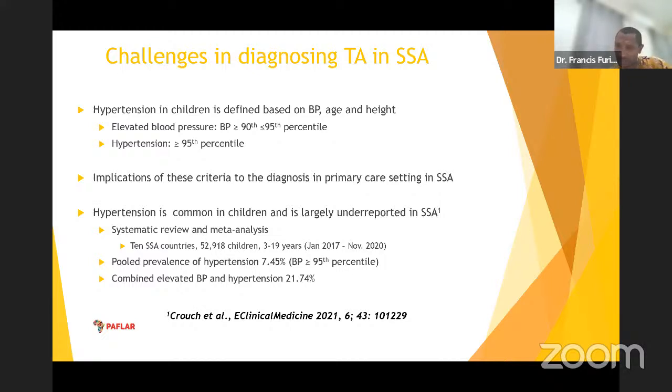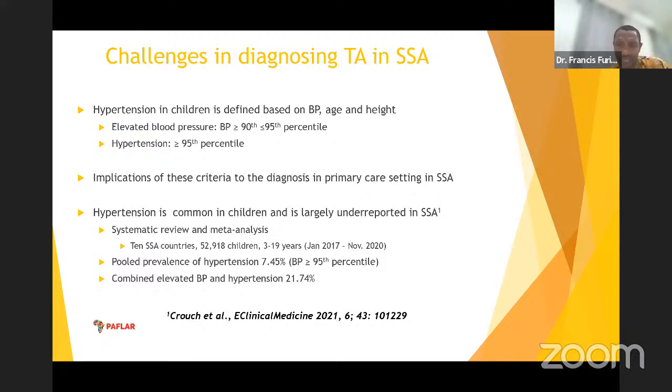The pooled prevalence of hypertension was 7.45%, so almost 7.5%. If you combine elevated blood pressure and hypertension, you get a prevalence of 21%, which shows that hypertension is quite common.